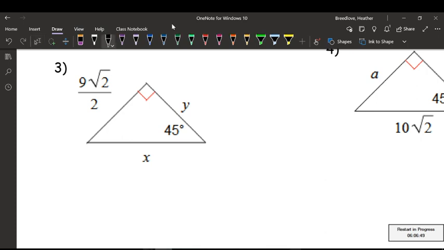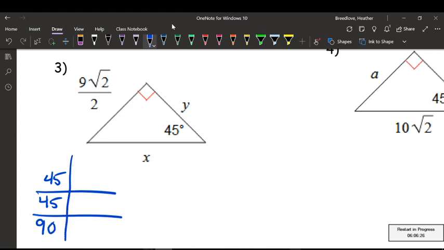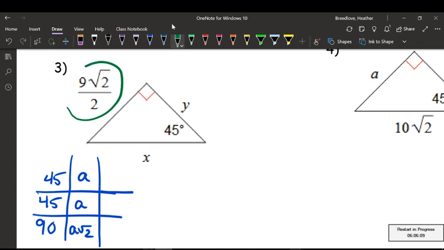Okay, so we have a special right. So you can tell you have a special right because of the 90 degrees and the 45. So I'm going to set up a grid. A, A, A square root 2. And then I need a starting point. This starting point is 9 square root 2 over 2.